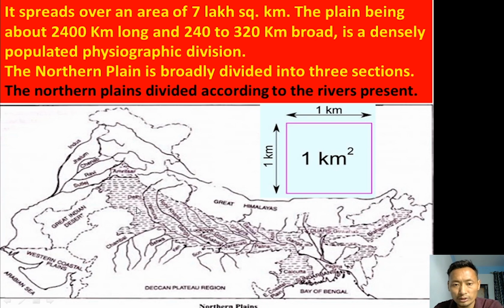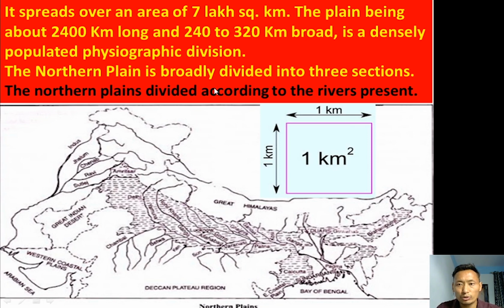States such as Haryana, Delhi, UP, Bihar, and West Bengal are highly densely populated states of India. Since this Great Northern Plain has fertile alluvial soils, and this type of alluvial soil supports the agriculture system, this physiographic division is occupied by highly densely populated regions of India.